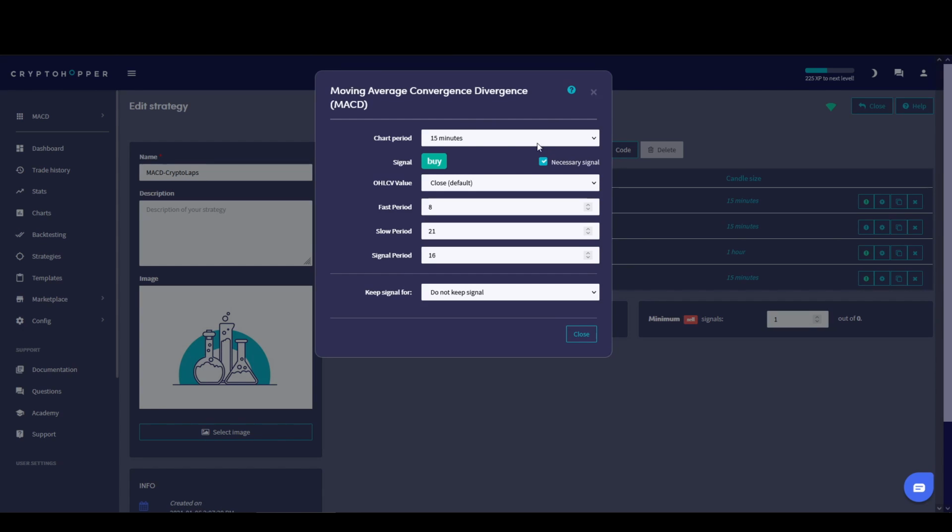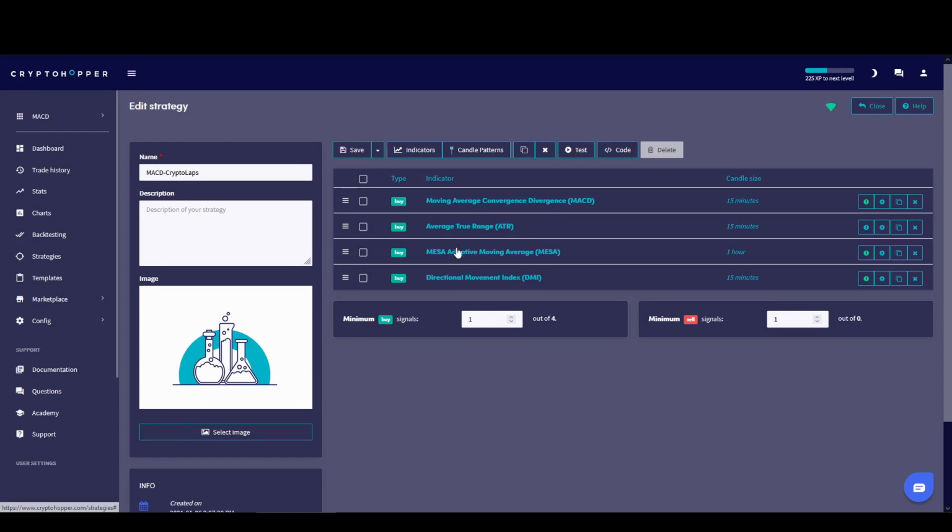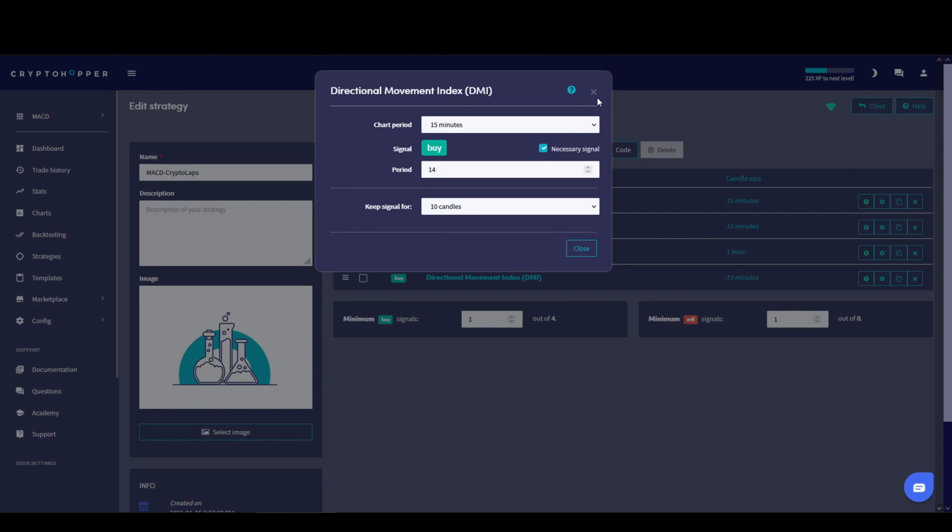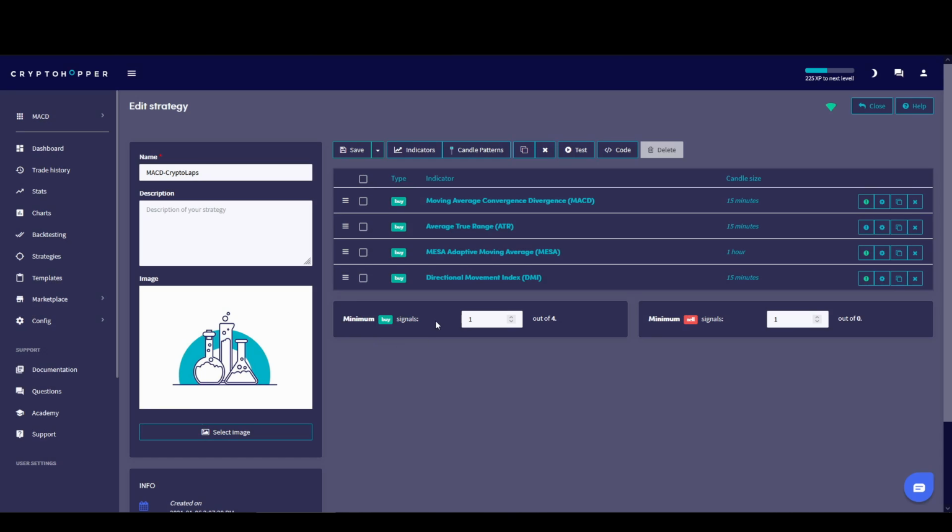I cannot buy anything unless this one is check marked and this one has a buy signal. All 3 indicators that I'm currently using have the necessary signal, so I don't need this because all 3 need to apply to be able to enter a position.